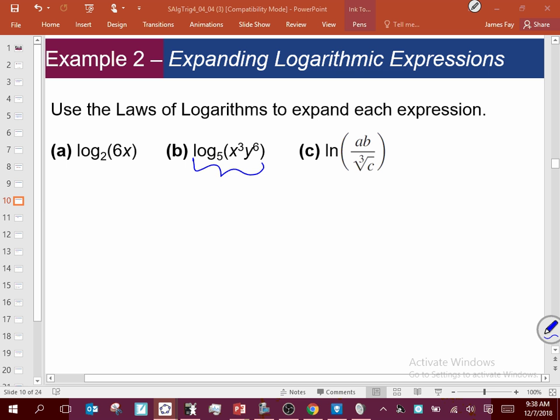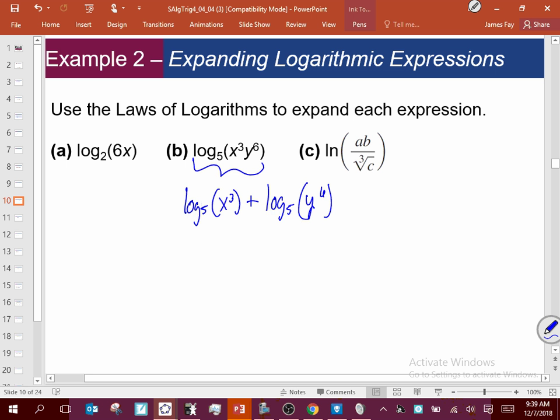So what I'm going to do is my x to the third is my A, and my y to the sixth is my B. Does that make sense? Okay? So I pull the multiplication apart as addition, or pull the division apart as subtraction in the future.